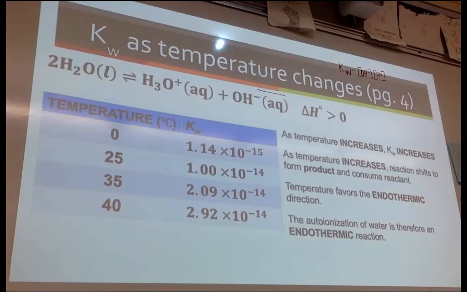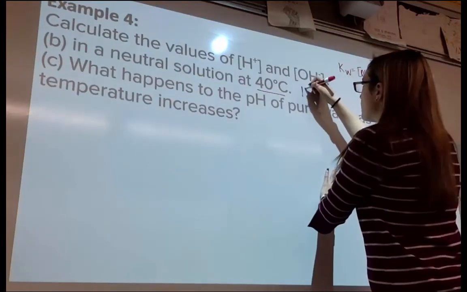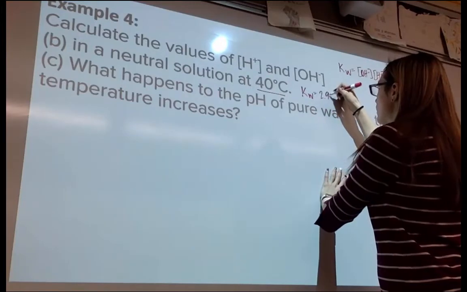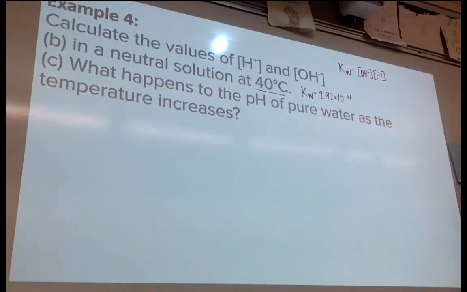So at 40 degrees Celsius, KW is 2.92 times 10 to the negative 14. You do not have to memorize what all the different values of KW are. But it's important to recognize that at a different temperature, KW is different.